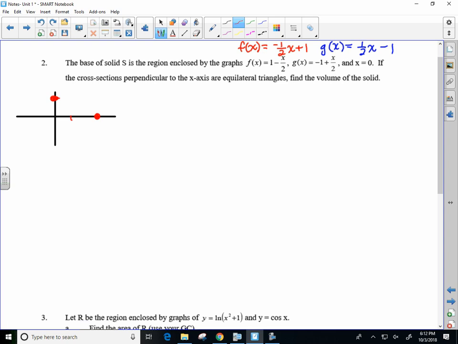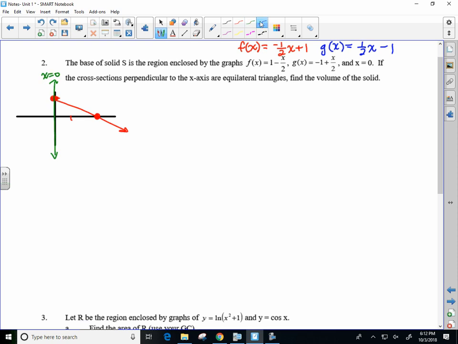So I want something like this. I don't need the other part of it because the leftmost part of the graph is the line x equals 0. All right? Oh, I should have done that in a different color.